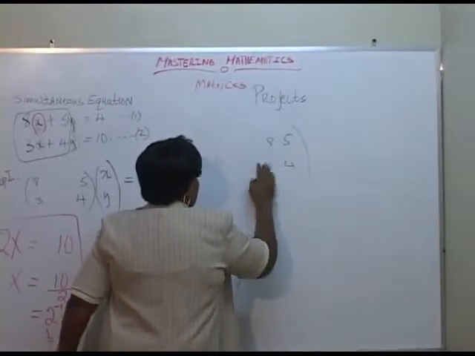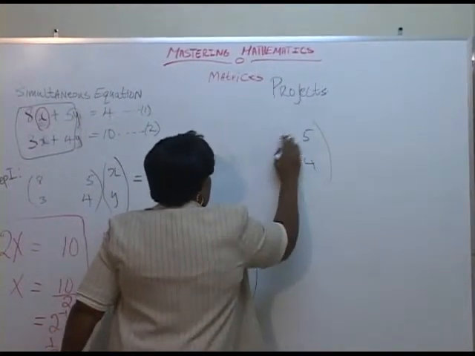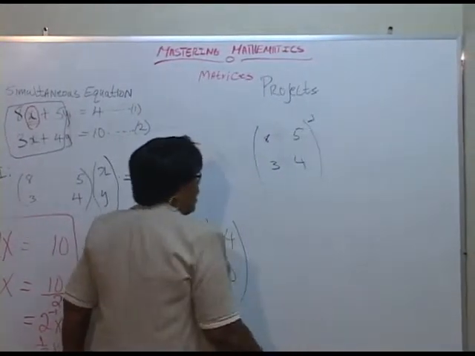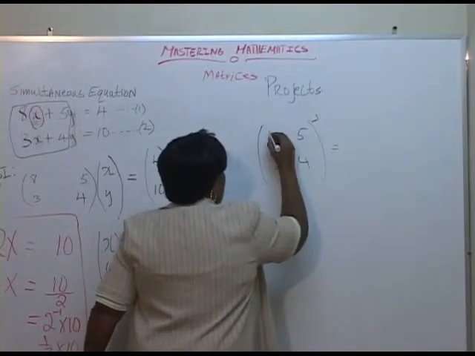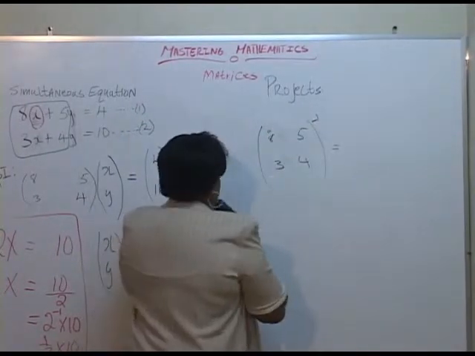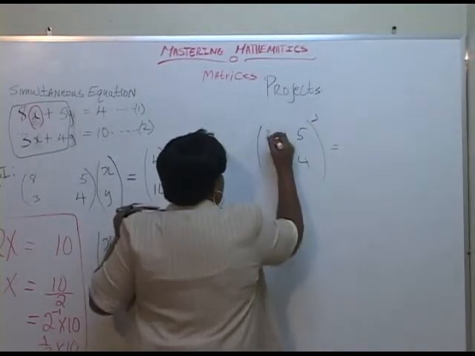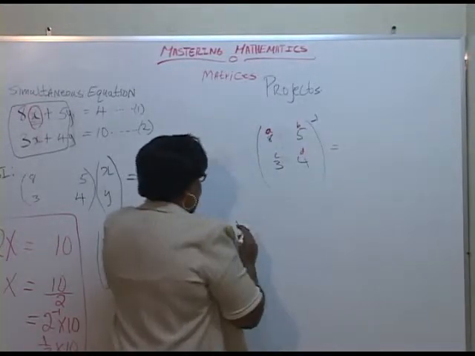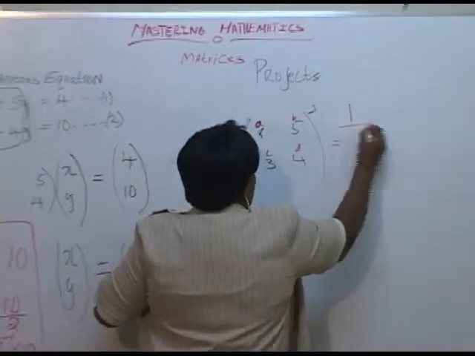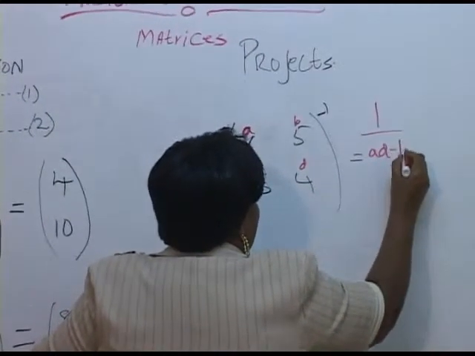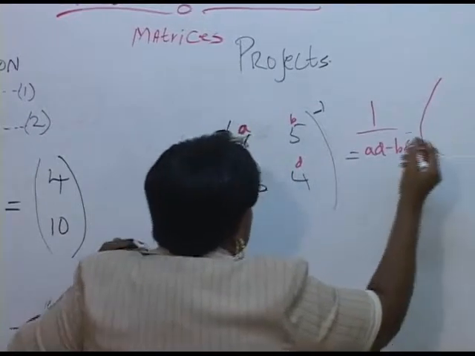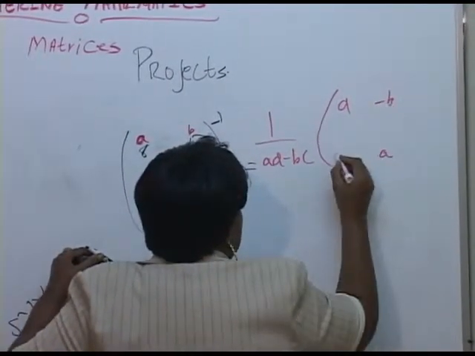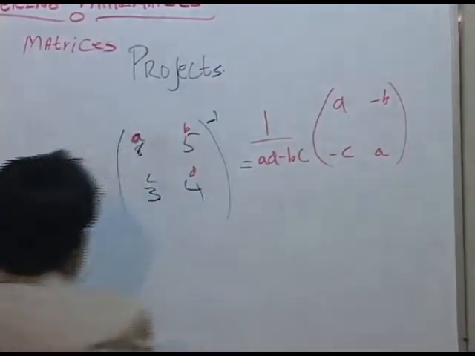Look closely, because it's not 34, it's 3, and it is an 8. All right, the inverse, and it would be equal to, and let's put our little a, our little b, our little c, and our little d. So if we are using our formula, it's 1 over AD minus BC, and it is times D, negative B, negative C, A. Okay?